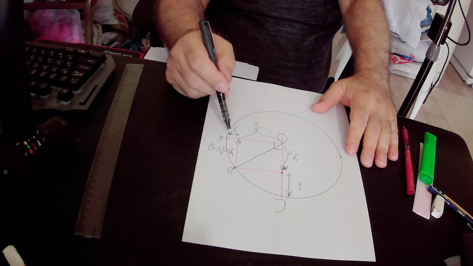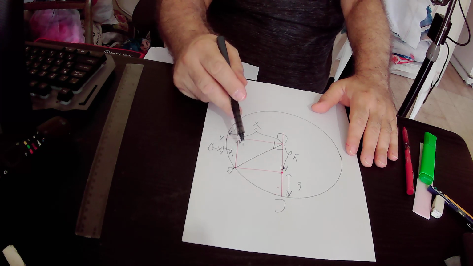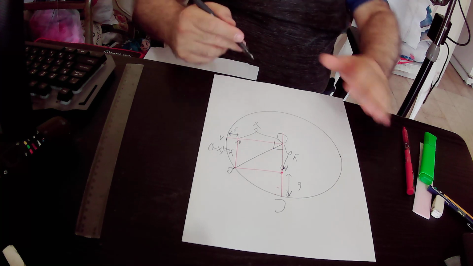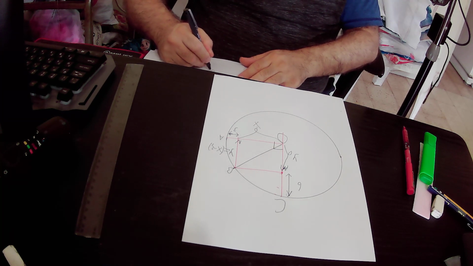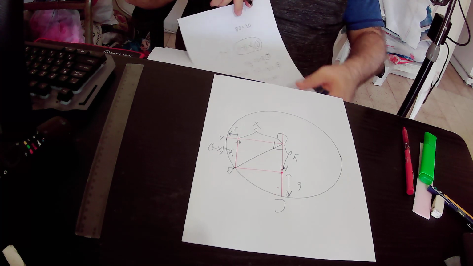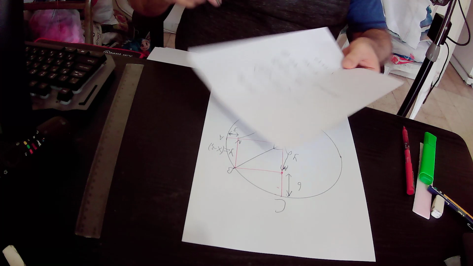OA equals OB. Why? Because both of them are radiuses of this circle. Line segment OA equals line segment OB, because both of them are the radiuses of this circle.